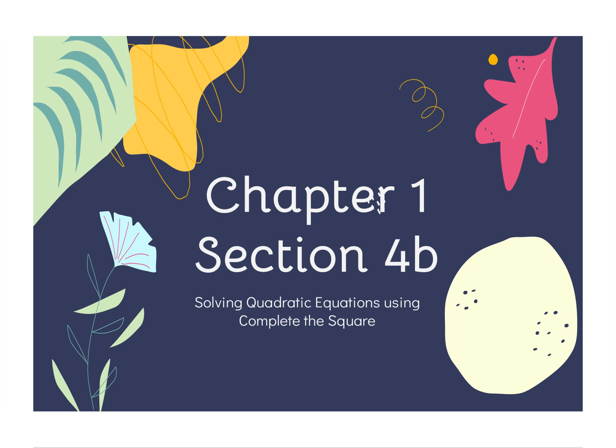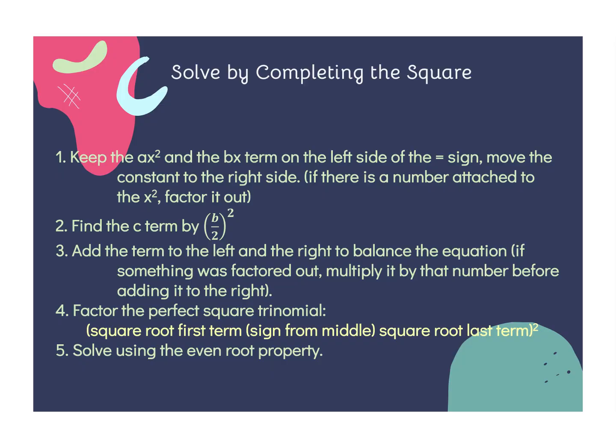If you're good with taking the square root, then the only maybe complicated thing here at first is getting the equation to look like something where you're able to take the square root. You'll see what I mean in a minute. So these are the steps to solve by completing the square. As you can see, it's very wordy, right?